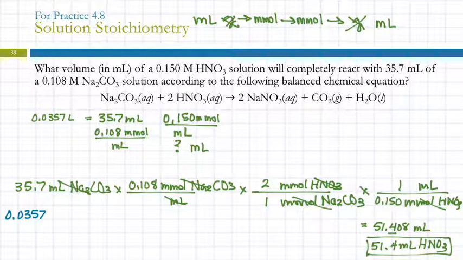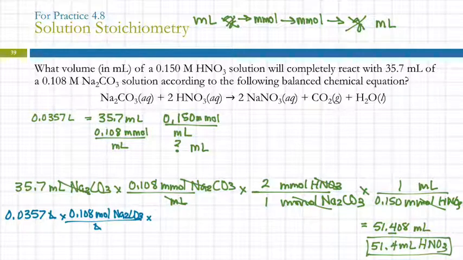So if all of that was just confusing to you, convert to liters. And now we're going to go liters to moles to moles to liters. So we'll end up with 0.108 moles of the sodium carbonate per liter. The liters cancel. And here we've got 2 moles of HNO3 to 1 mole of the guy with too many letters and numbers in his name.